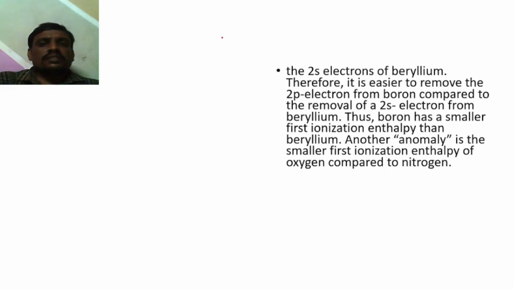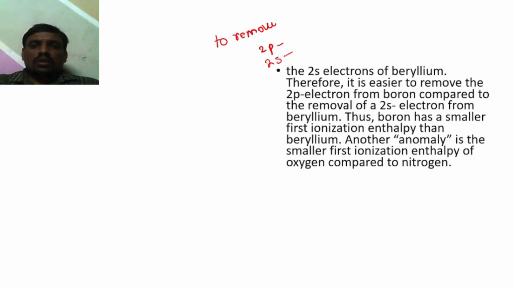Therefore, as I already told you, it is easier to remove the 2p electron from boron compared to the removal of a 2s electron. Thus boron has a smaller first ionization enthalpy than beryllium.